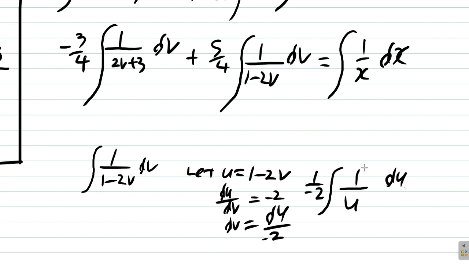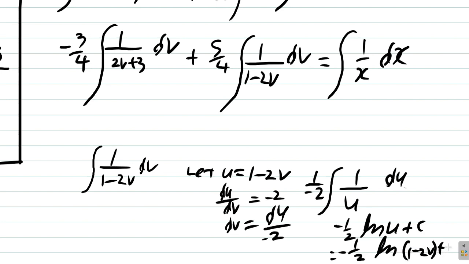So you see, it's going to be -half ln u plus c. u is 1 minus 2v plus c, right? So here is going to be ln of this over the derivative of this.